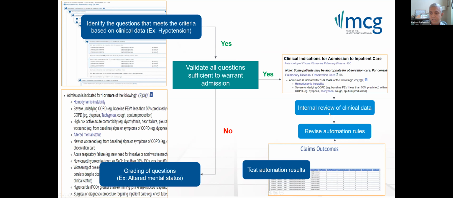So this is an iterative process using subject matter experts on the physician and clinician side, as well as our informatics team.